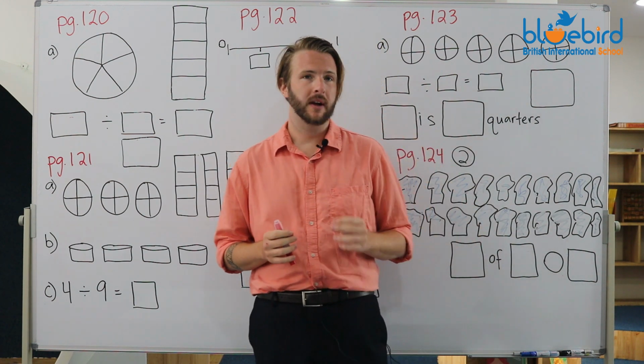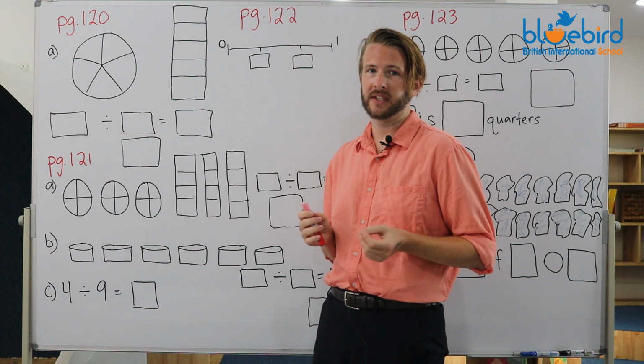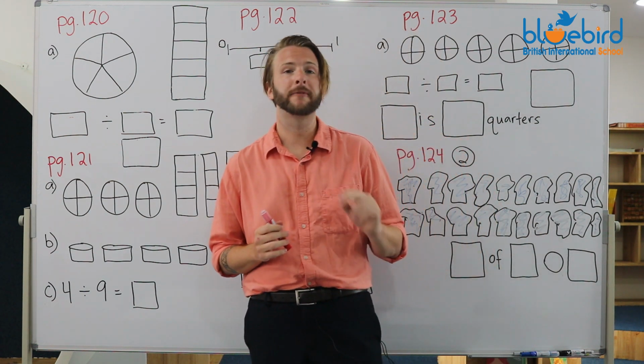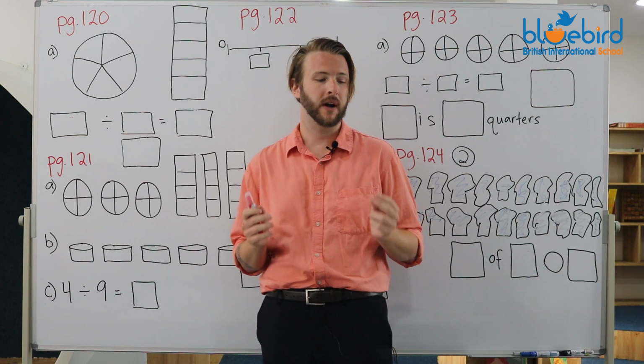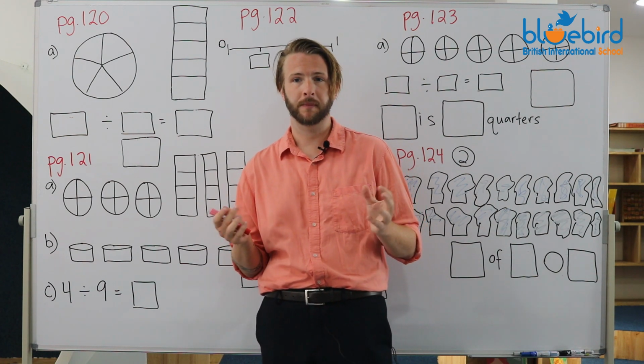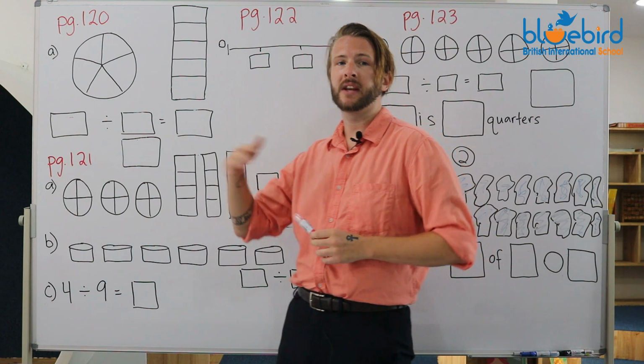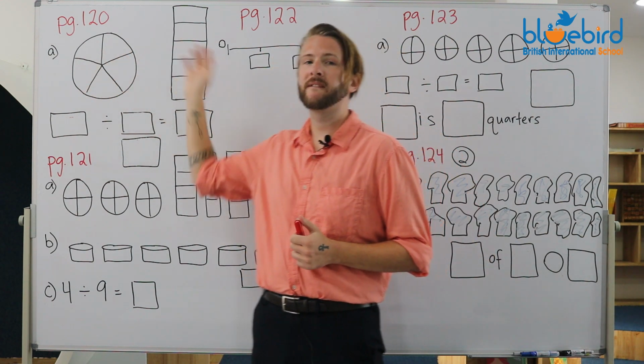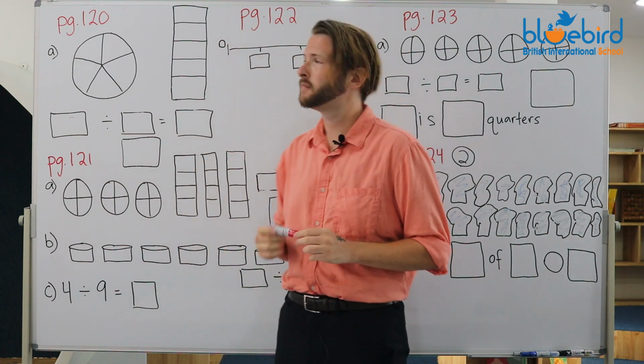So let's start on page 120. The first problem says 5 girls share a pizza equally. So we're going to take one pizza and split it into 5 equal parts.